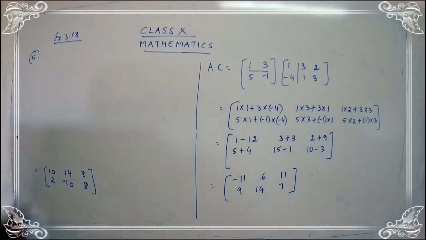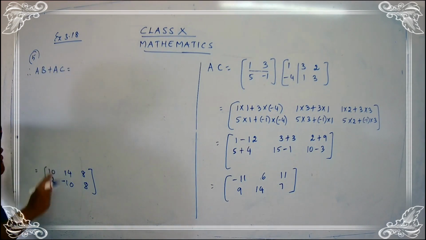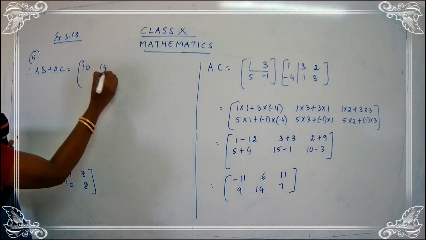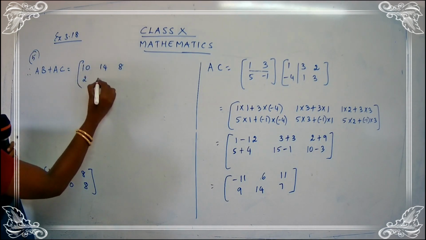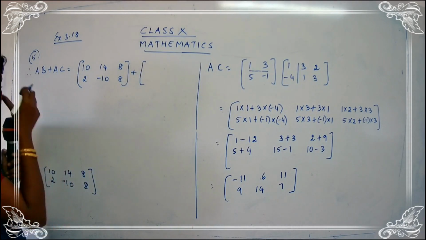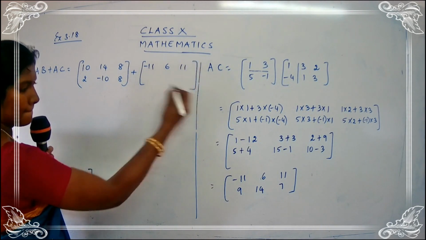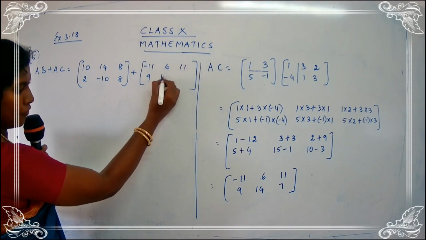Alright, therefore AB plus AC is equal to, put the values. I've just kept the values over here. 10, 14, 8, 2 minus 10, 8 plus, what is AC? Minus 11, 6, 11, 9, 14, 7.